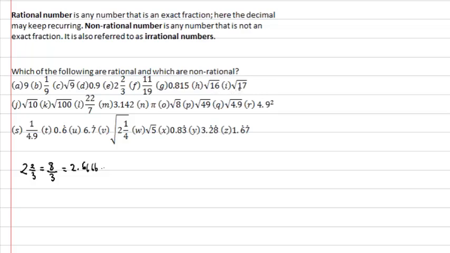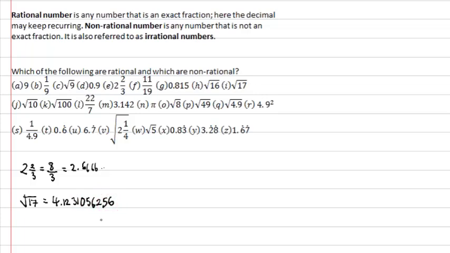Okay. Square root of 17. Let's check the square root of 17 now. The square root of 17 gives us 4.1231056256.